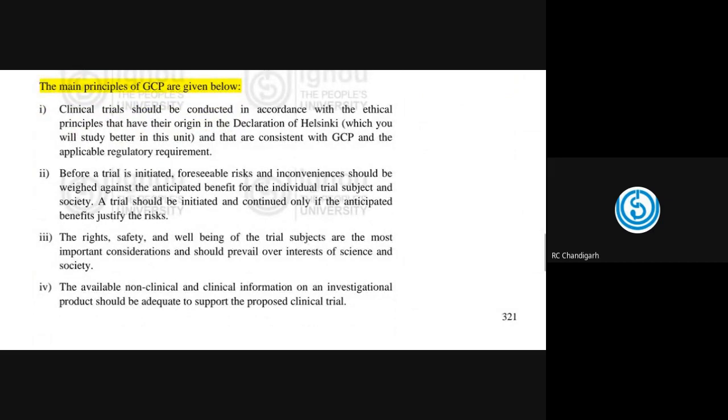Before a trial is initiated, foreseeable risks and inconvenience should be weighed against the anticipated benefit for the individual trial subject and society. A trial should be initiated and continued only if the anticipated benefits justify the risk, which I told you earlier. The rights, safety, and well-being of the trial subjects are the most important considerations and should prevail over interests of science and society.